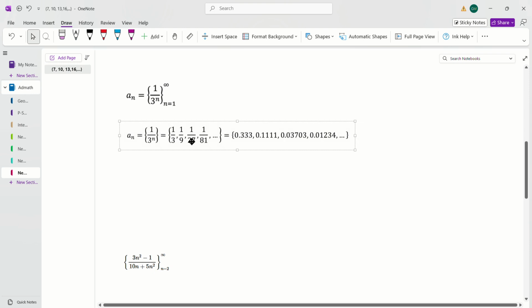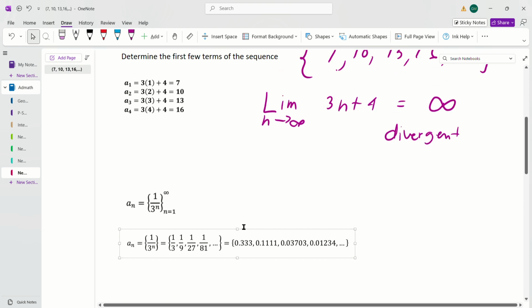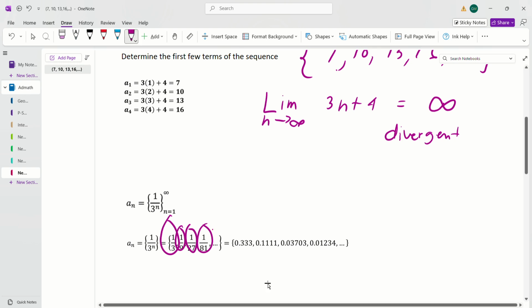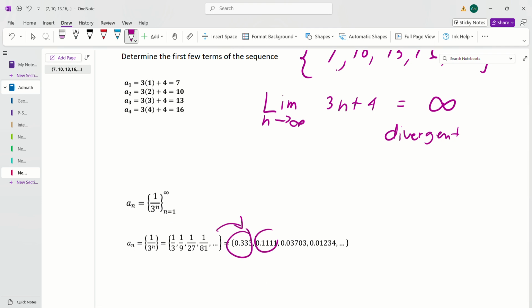If we identify the few terms based on our general formula, we have 1/3, 1 over 9, 1 over 27, 1 over 81, and if you convert it into decimals, we have 0.33, 0.111, 0.037, 0.01.